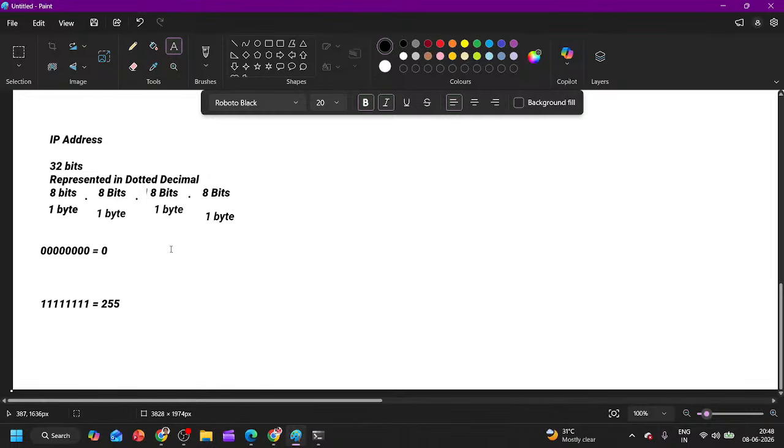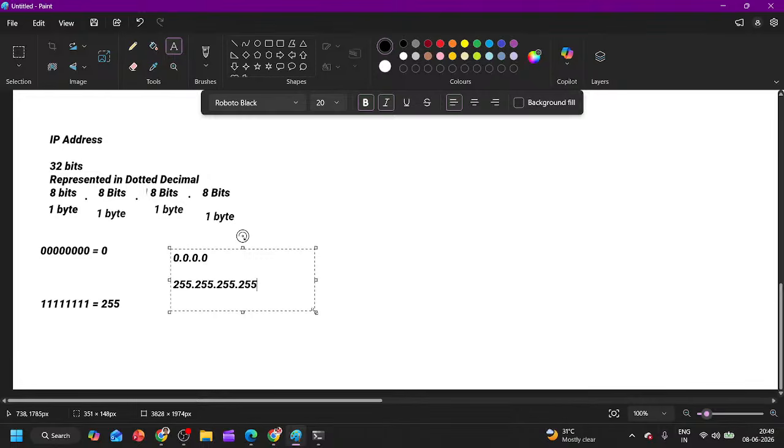So my lowest IP address can be 0.0.0.0 when all the 8 bits in all the octets, all the fields, are zeros. And the maximum value is when all the 8 bits in all the octets are 1, then I will get 255.255.255.255.